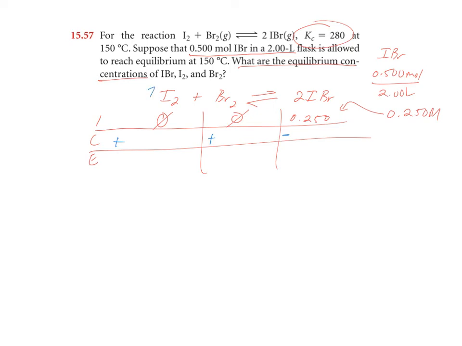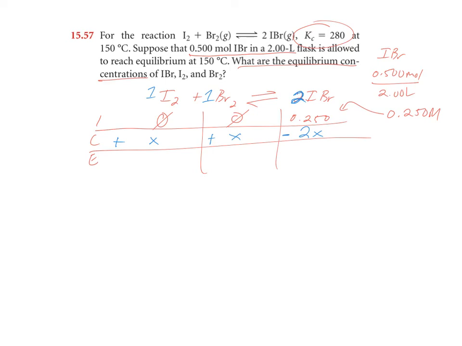Since the reactants are 1-to-1 and the product is a 2 here, that is the ratio in which they will change. So we use the variable 1x. For I2, it's going to increase by that amount. And since Br2 also has a 1, it's going to increase by 1x. And since it's a 1-to-1-to-2 ratio, IBr is going to decrease by 2x, double the amount of the others.